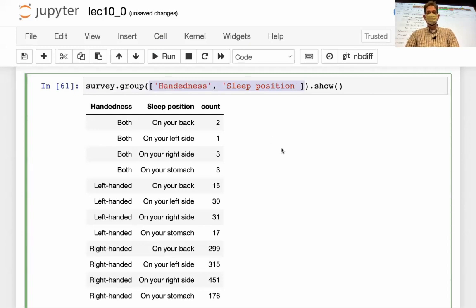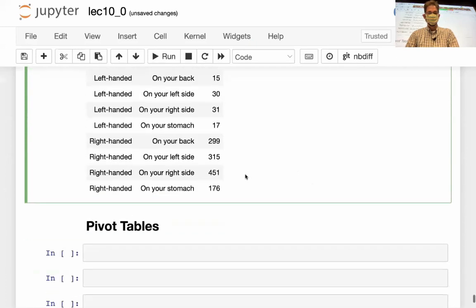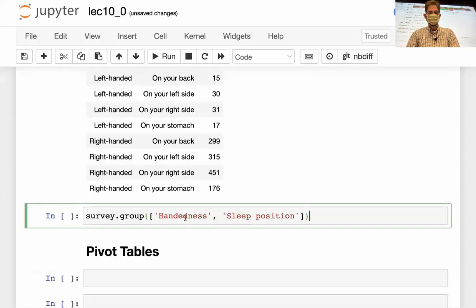It is possible to add a second argument. You ready for this? Once I do this, I want to average everything else.